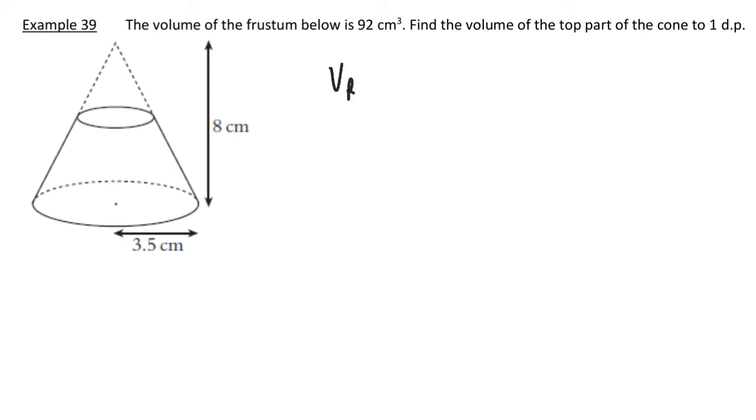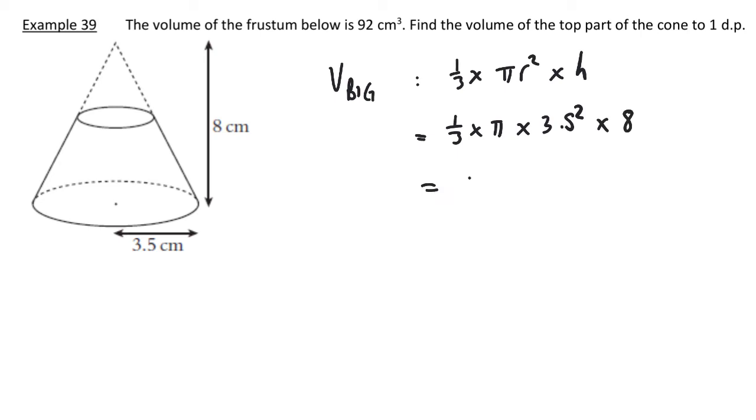So volume big is going to be a third times the base area, so that's pi r squared, times the perpendicular height, which is a third times pi times 3.5 squared times 8. That works out to be 102.62 cubic centimetres.